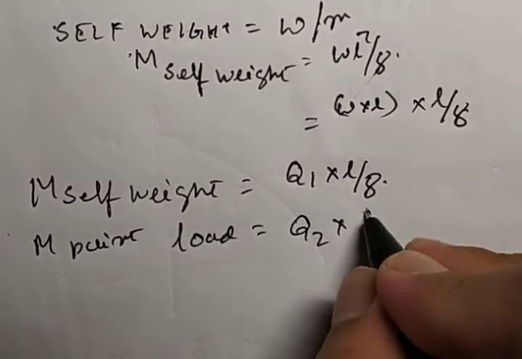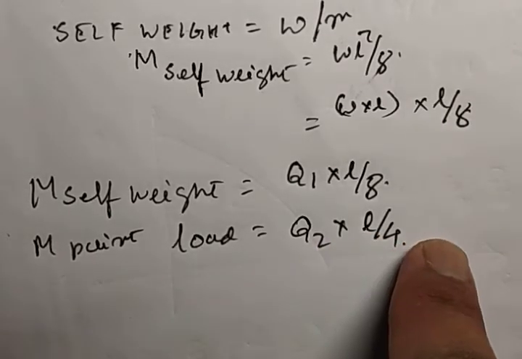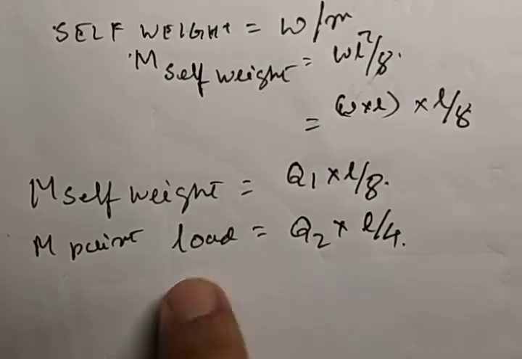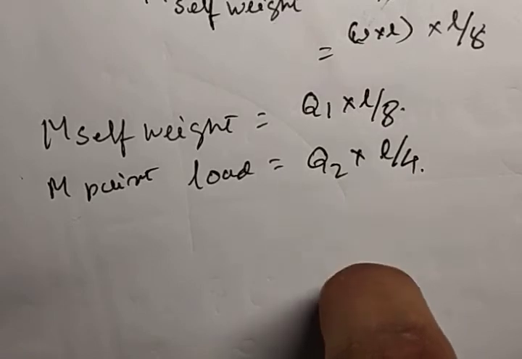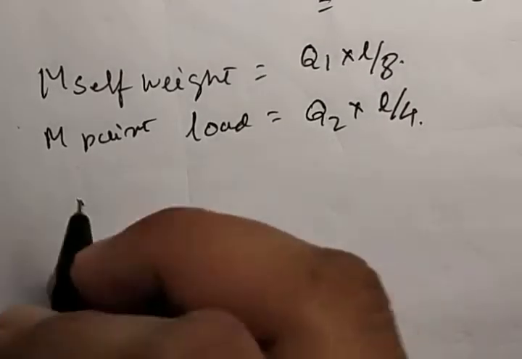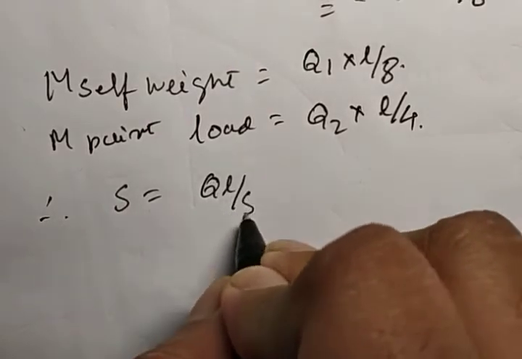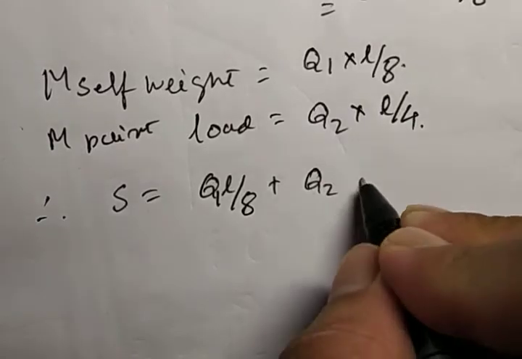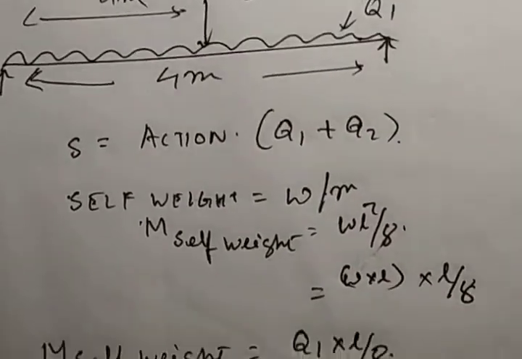If the point load is P, then I'll have PL by 4 as my moment, the maximum bending moment. So finally S equals Q1 into L by 8 plus Q2 into L by 4, and L given here is 4 meters.